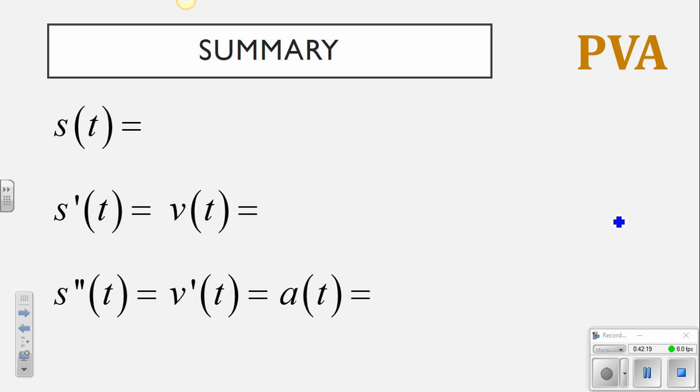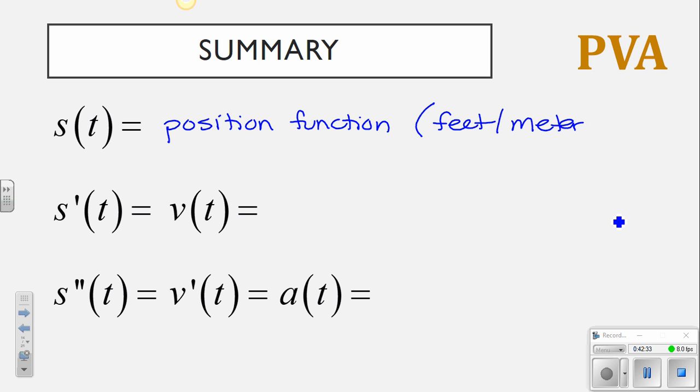So what do we represent S of t to be? This is position, the position function. It is measured in some sort of distance like feet or meters. I take its derivative. Its derivative is a rate. That rate is called velocity.